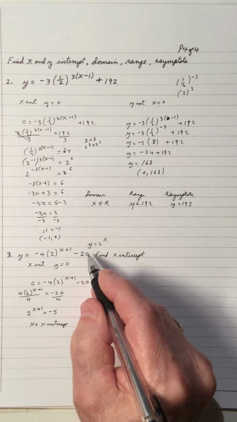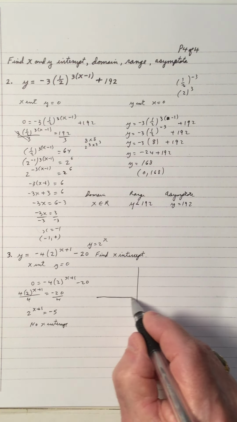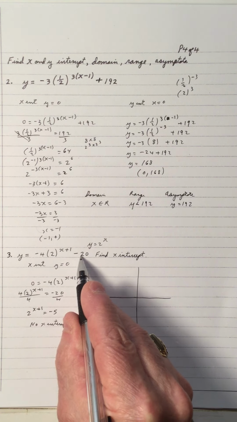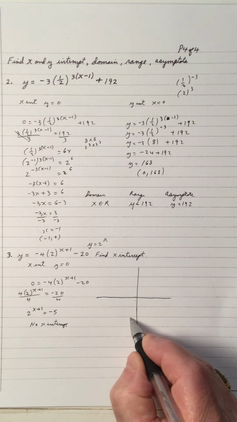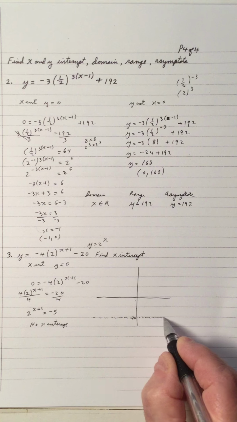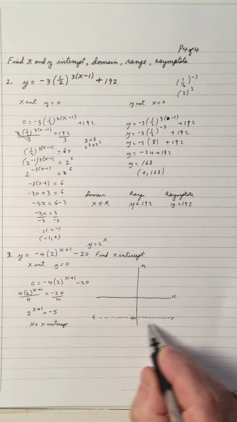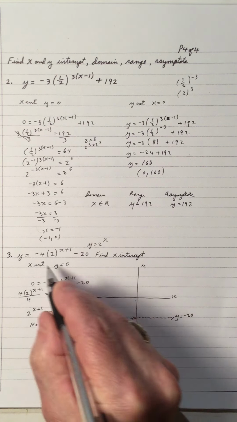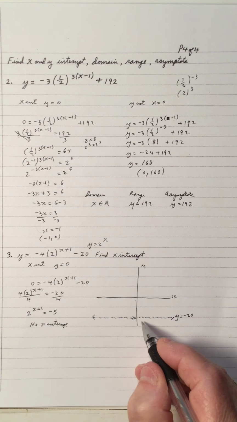And if you look at the graph of it just for a second, notice that the asymptote is y equals negative 20. So let's pretend we got negative 20 right here. So the asymptote is right here. Remember, this is the x-axis, this is the y-axis. So if the asymptote is y equals negative 20 and this graph is negative, that means the graph is going downward.